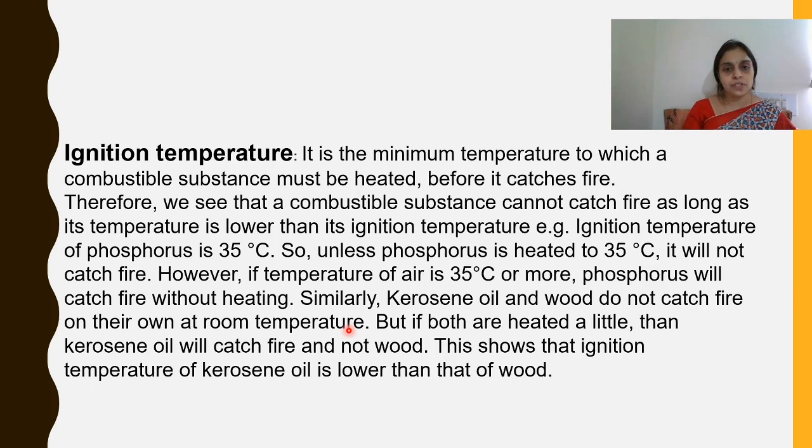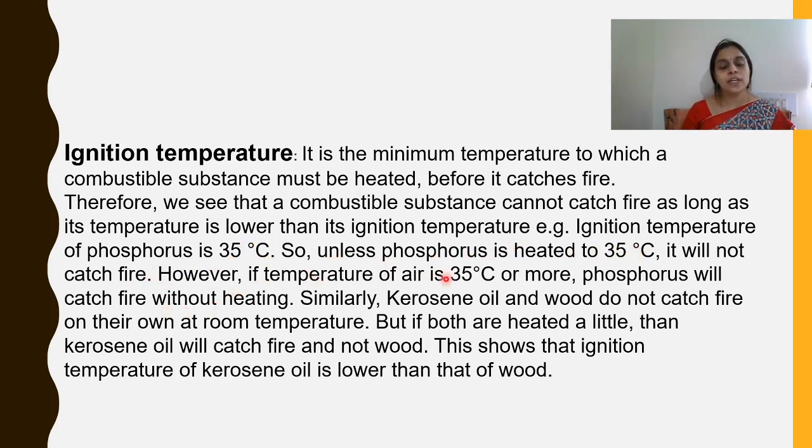Coming to ignition temperature, it's the minimum temperature to which a combustible substance must be heated before it catches fire. So we can see that a combustible substance cannot catch fire as long as the temperature is lower than its ignition temperature. For example, the ignition temperature of phosphorus is 35 degrees. So unless phosphorus is heated to 35, it will not catch fire.